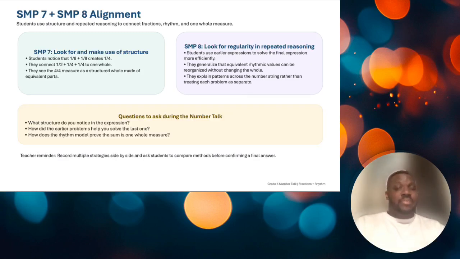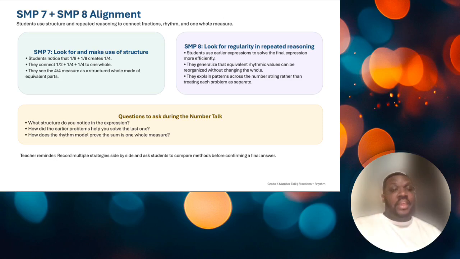So this number talk supports several standards for mathematical practice. It supports 1 through 8, but the two supported here in particular are 7 and 8. So for 7 and 8, students are looking for structure by recognizing that 2/8 makes 1/4, 2/4 makes 1/2, and 2/2 makes 1 whole. Right. So they're taking their smaller pieces and building to a whole.